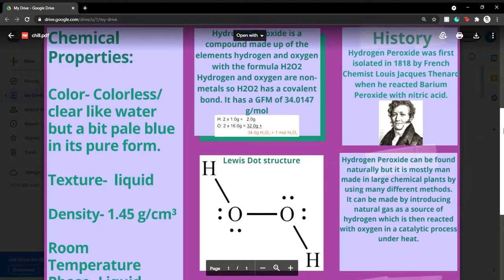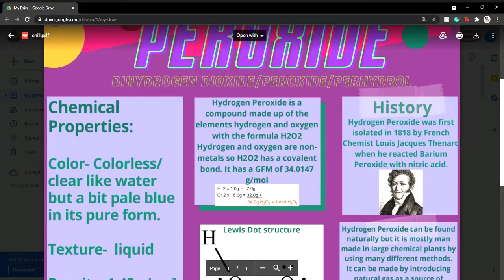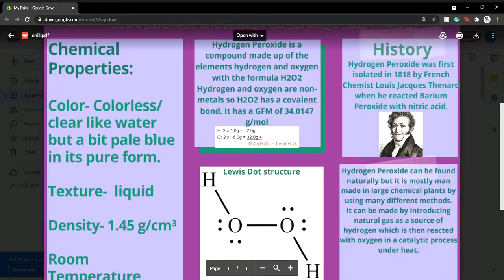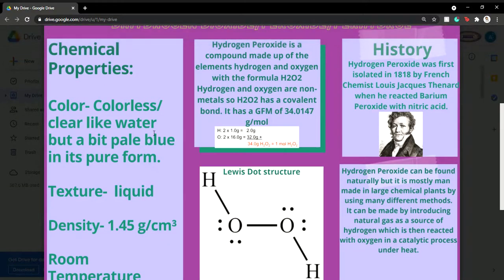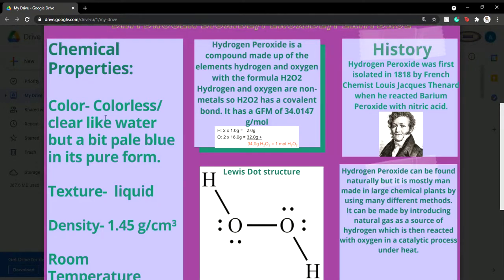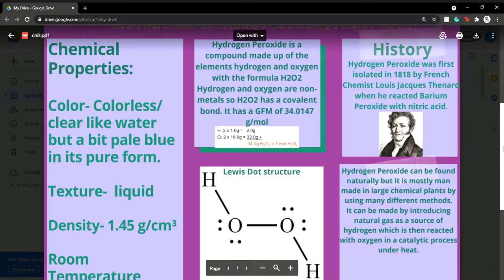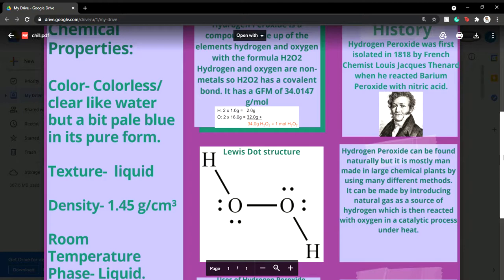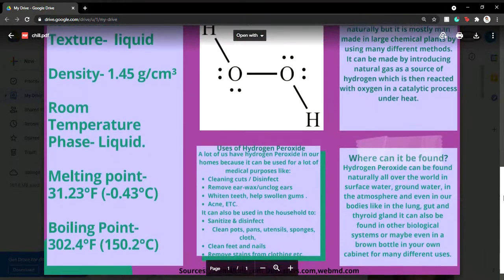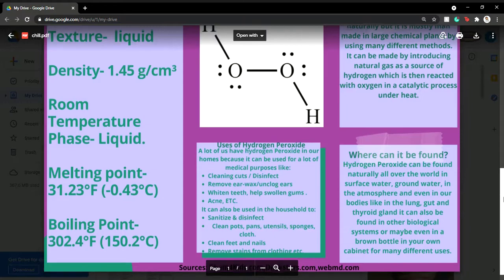Now let's go into some chemical properties of hydrogen peroxide. It doesn't have a color, it's colorless, just like water, because remember, they share similarities. But in its pure form, it is a tiny bit pale blue, though it's mostly colorless like water. Its texture is liquid in its natural state.